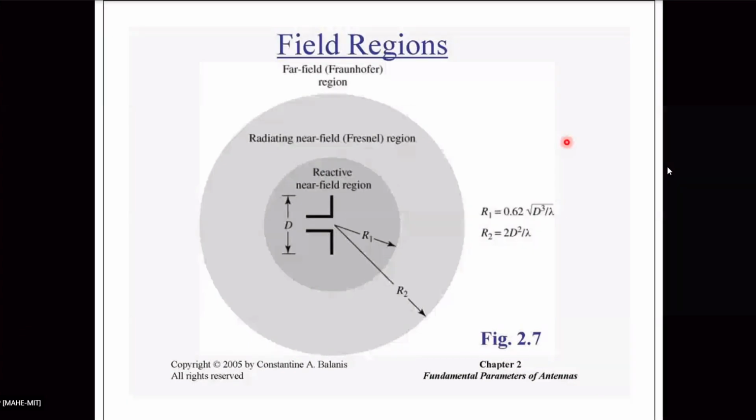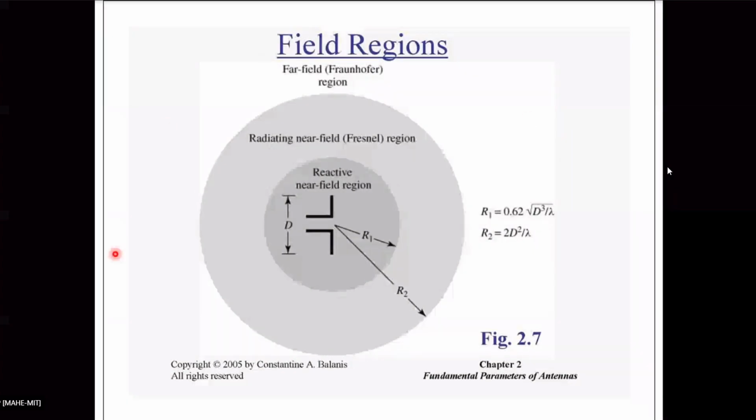The reactive part is almost zero. We will derive this in the 4th chapter: how it is reactive, why the real power is dominant in the radiating near field region, and why in the far field region it is only real power.